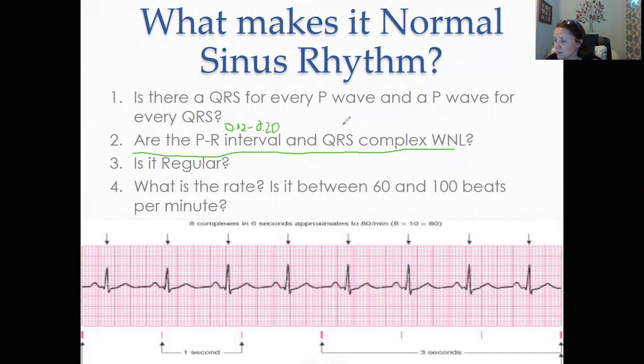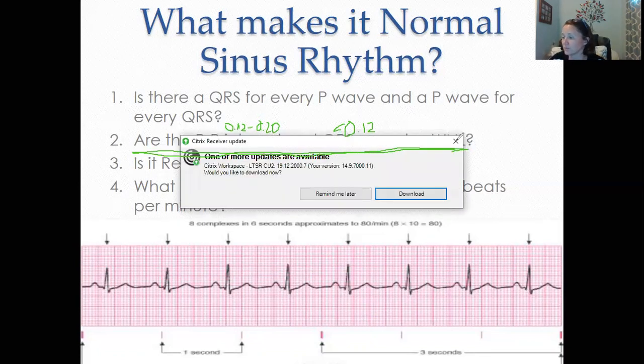QRS is going to be less than 0.12. And as I said, we'll measure the QT interval, but that's not going to be part of what's determining if it's normal sinus rhythm. So these are going to be the more important parts where we're determining if it is normal sinus rhythm.